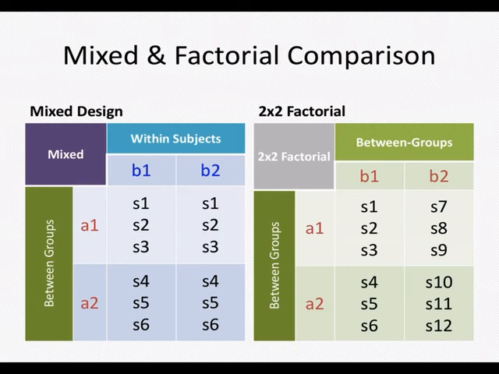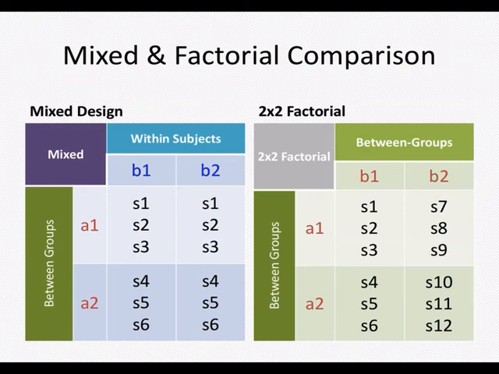And for the mixed design, we have one IV that's within subject and one IV that's between groups. For the IV that's within subjects, it's like time 1, time 2. They're the same people. So it's subject 1 measured at time 1, and subject 1 measured again at time 2.